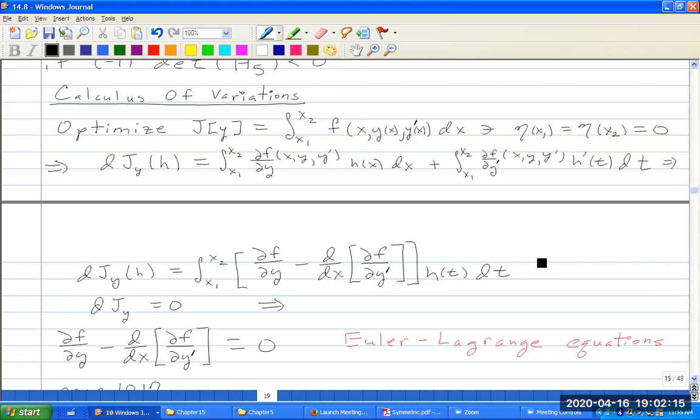So if this is 0 for all h, then that just says that this must be 0. And we'll call those the Euler-Lagrange equations.